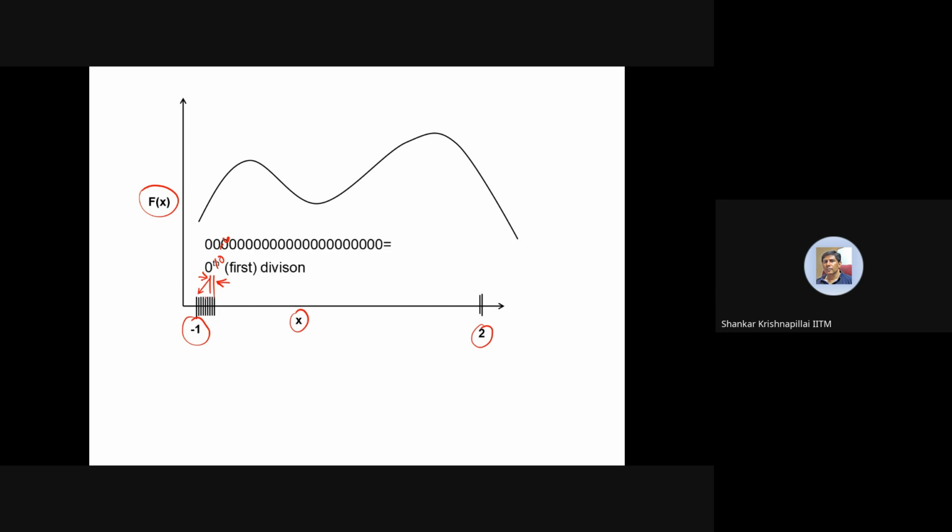So this is the 0th division. The starting division is the 0th division, and it is represented in 22 bits by 22 zeros.